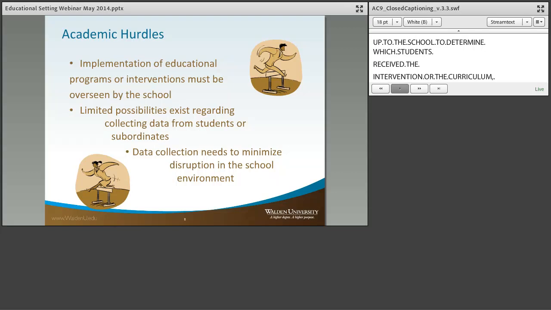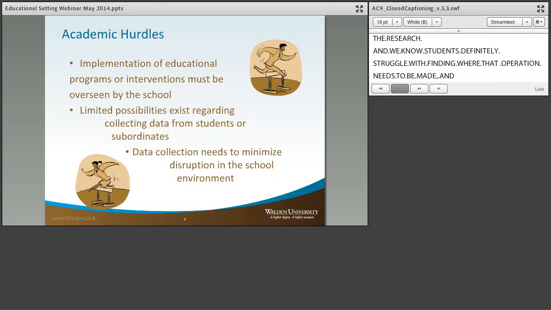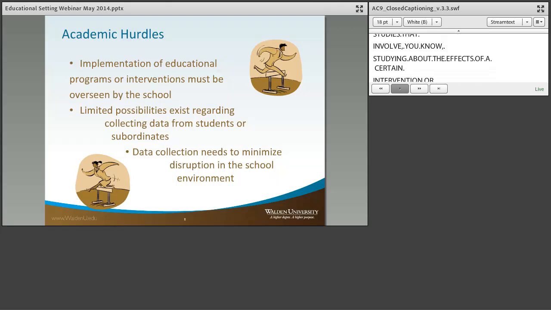And we know students definitely struggle with finding where that separation needs to be made. And so I certainly want to encourage again, that if you have students that are looking at this, to have them contact the IRB so that we can help early on, help them identify some potential solutions and some potential opportunities for how they can practically conduct their research, because we've had a lot of students come through doing studies about the effects of a certain intervention or curriculum, or to see how things are working or what impact they may have made.